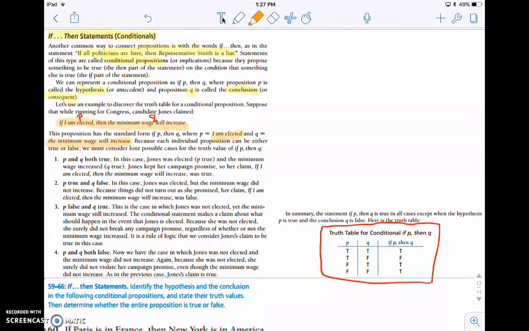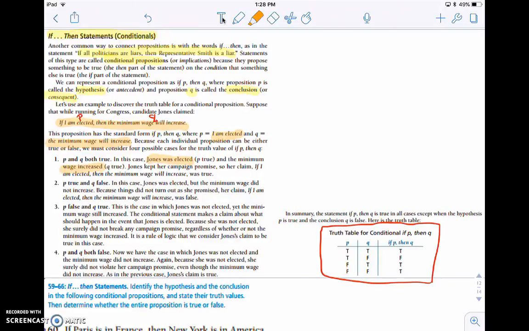So let's look at the first scenario. P and Q are both true, so the person is elected and the minimum wage increases. In this case, Jones was elected, whoever this Jones candidate running for Congress is, and the minimum wage did indeed increase.